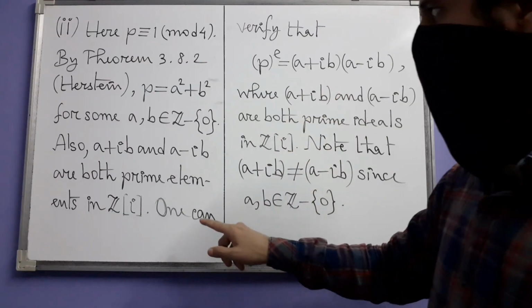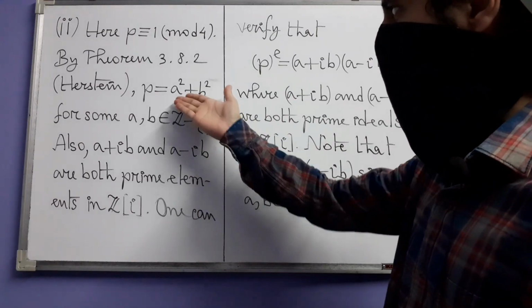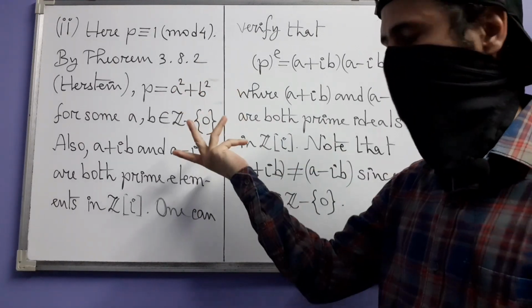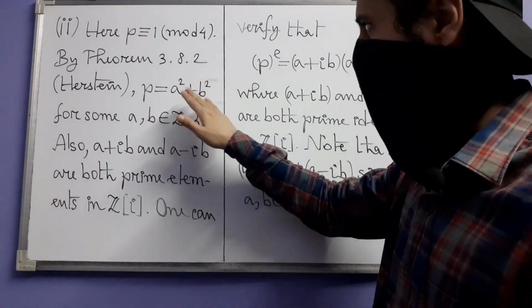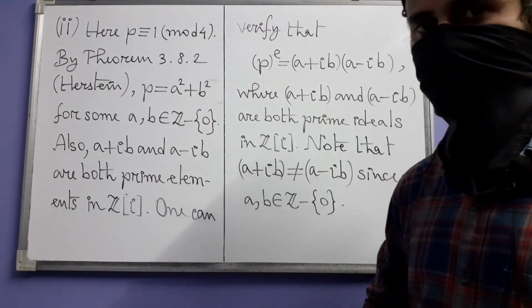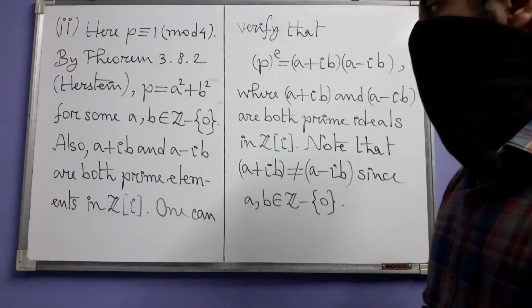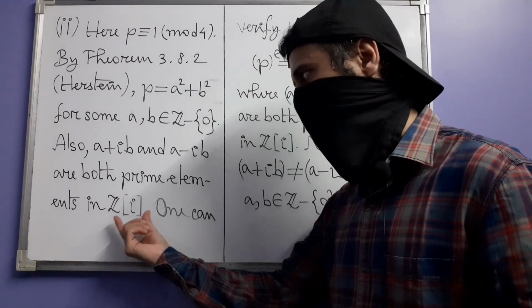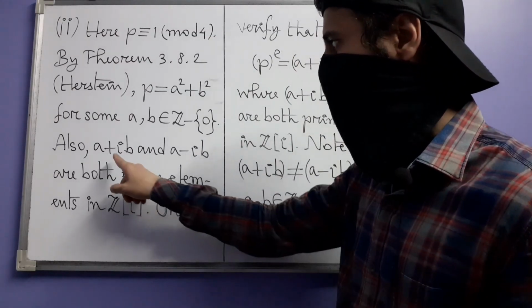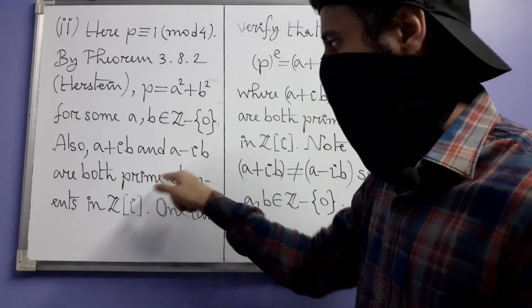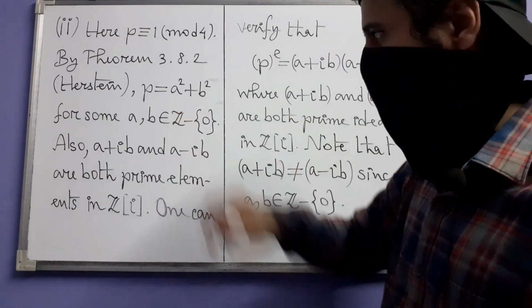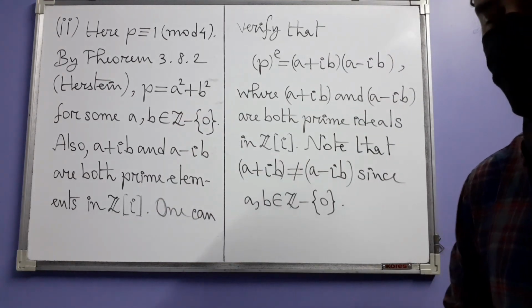For example, this is just a matter of seeing that there is a result which immediately gives us this. There is nothing else to it. But then you have to go back to Herstein's exercise 8 and see how these things are prime elements because of this. That is one thing you have to do.